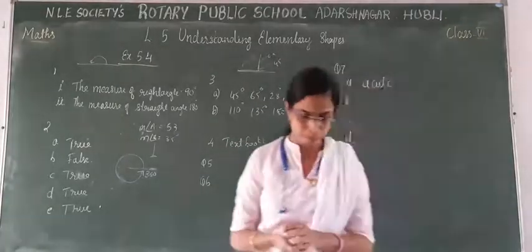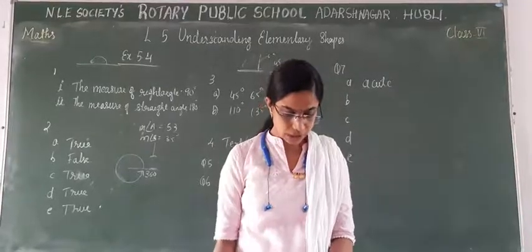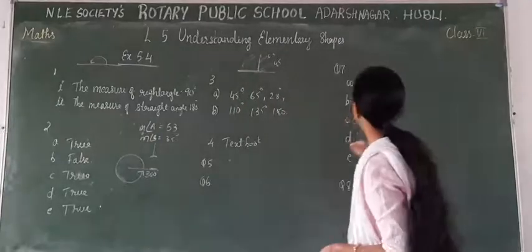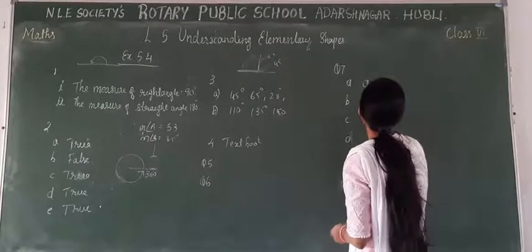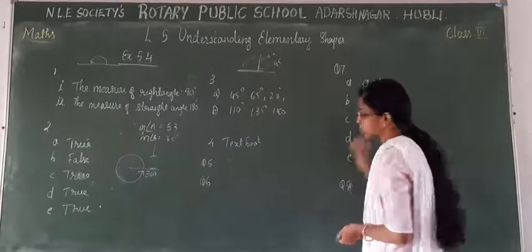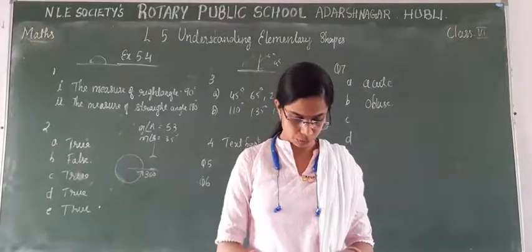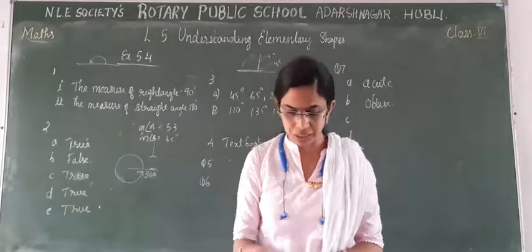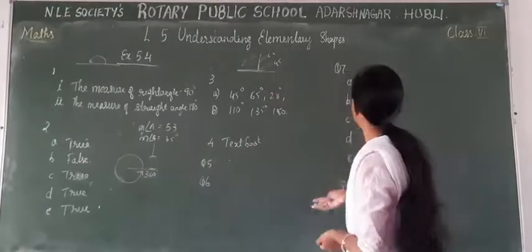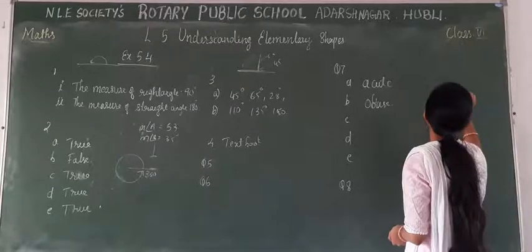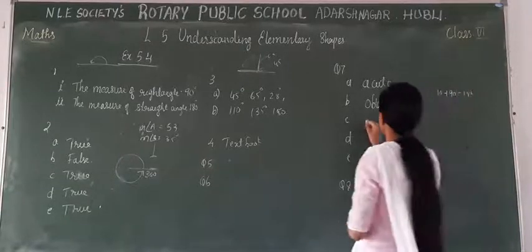Second, B: an angle whose measure is greater than that of a right angle, that is obtuse angle, isn't it? It is obtuse. C: an angle whose measure is the sum of the measure of two right angles, that is a straight angle. When you add two right angles, 90 plus 90, it is 180 degree. So that is straight angle.